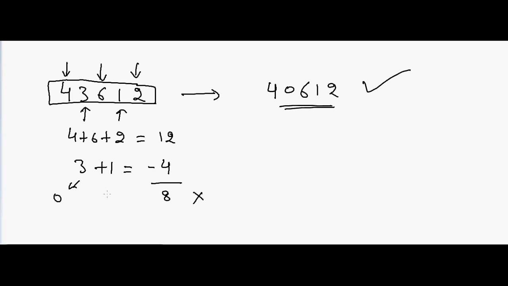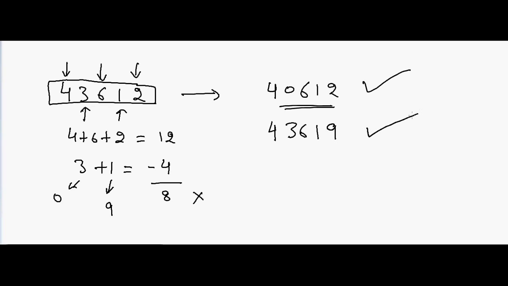Another possibility is to increase this number significantly enough so that the sum is equal to 12. If I make this 9, then 9 plus 3 is 12. So what I can do is I can say 4, 3, 6, 1, 9.